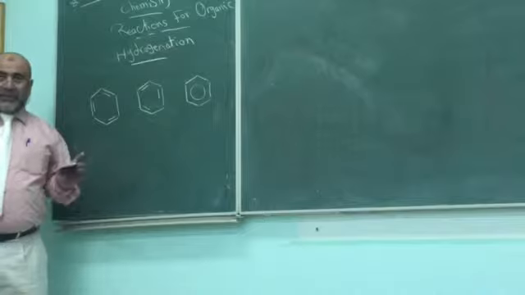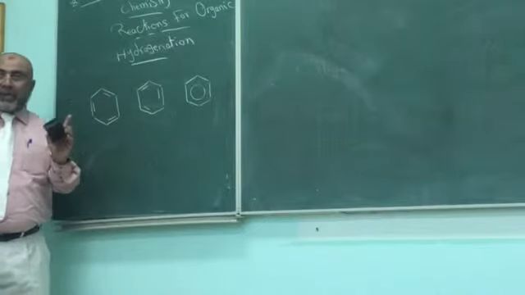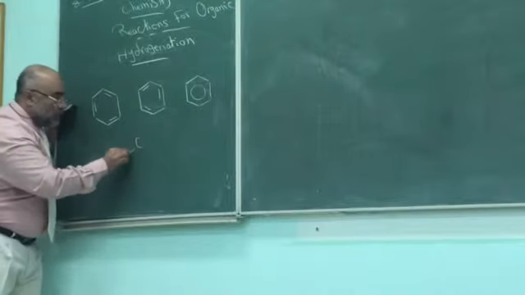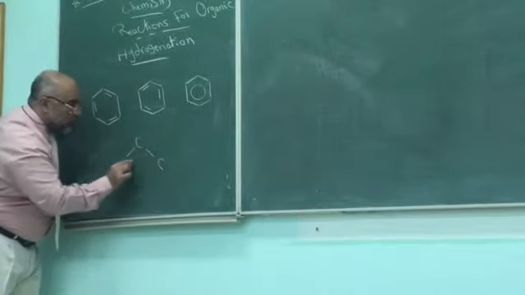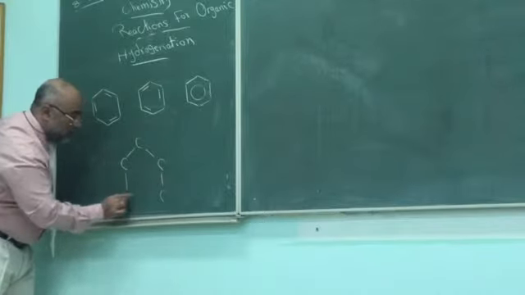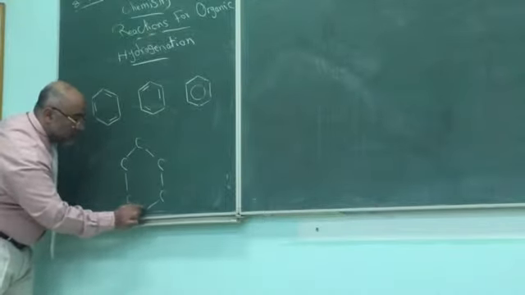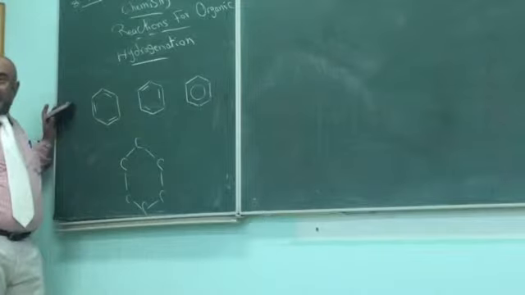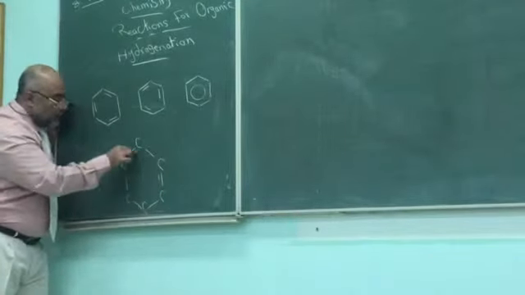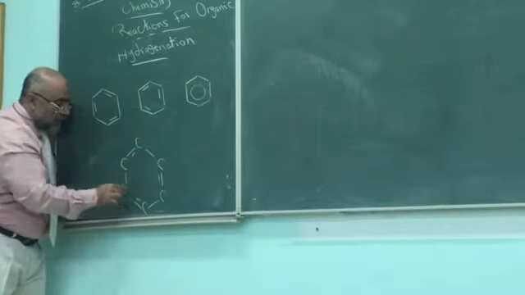In this case, how can we draw it as a structural formula? C, and 2, third, the fourth here, fifth, hexagonal shape, right? Put the double here, single, double, single, double.